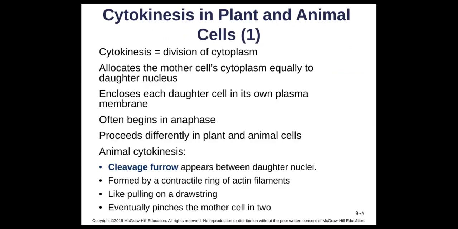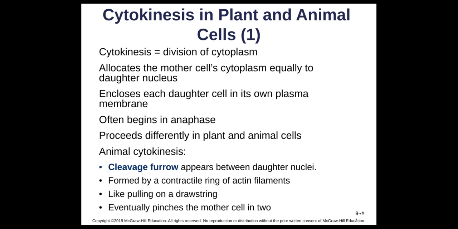The last part of this is cytokinesis. That is the division of the cytoplasm. That is going to allow that starting cell cytoplasm, that mother cell, to equally distribute its cytoplasm to the daughter cells.